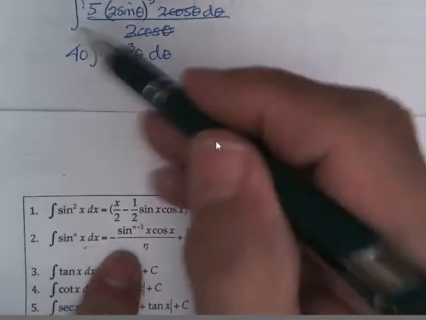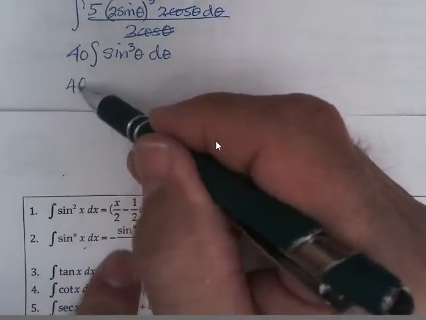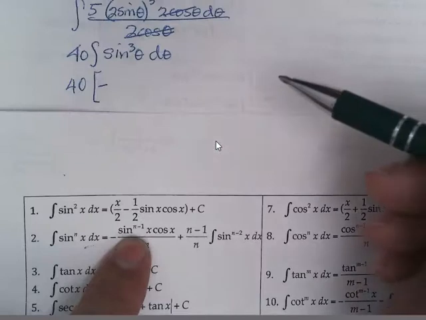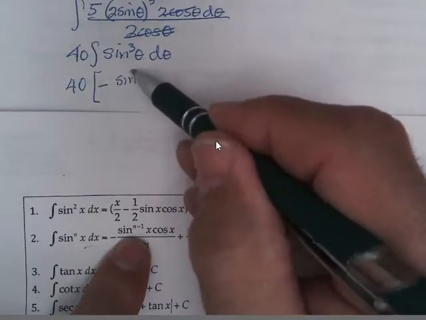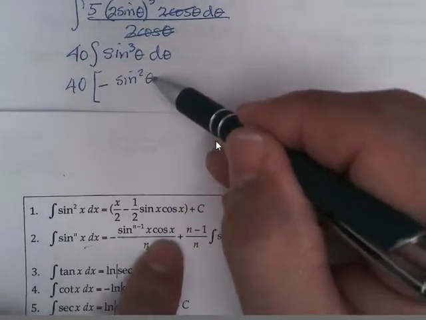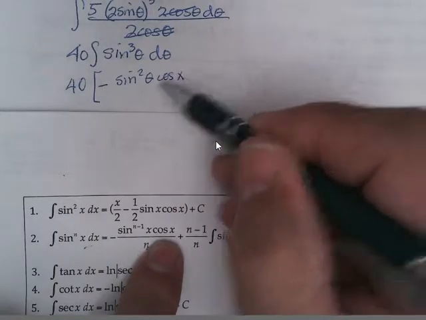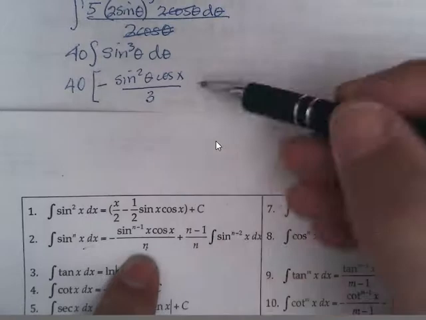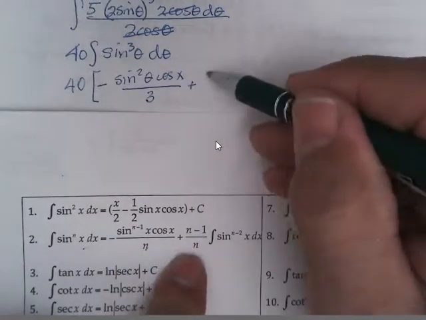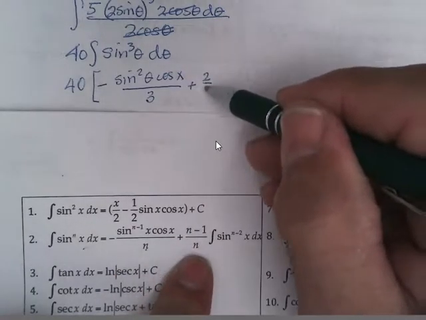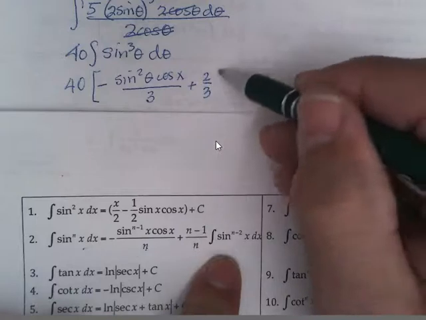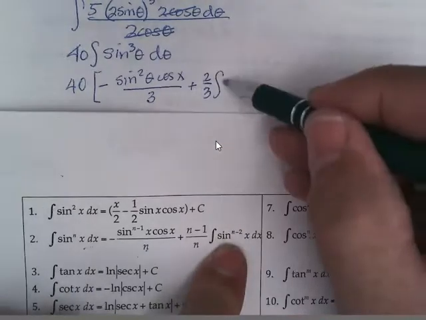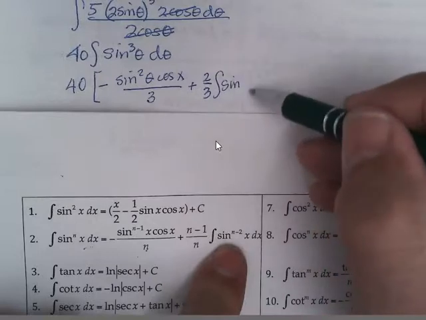So I would have 40 times negative sine to 1 less, so that'd be sine squared theta cosine x over n, which was 3, plus n minus 1, which should be 2 over 3, antiderivative of sine to 2 less, so that'd be sine to the 1, theta.